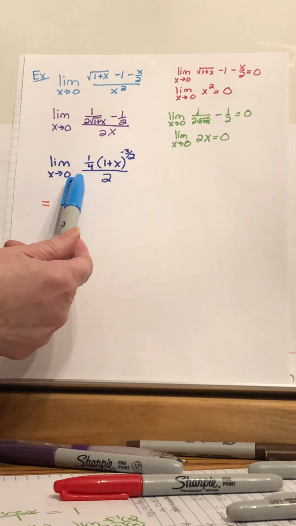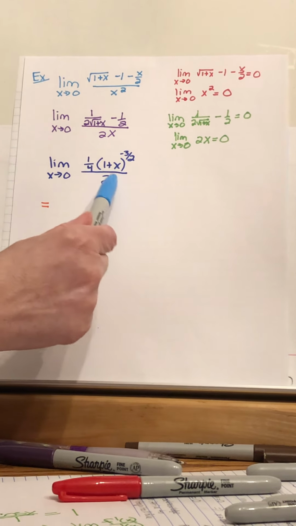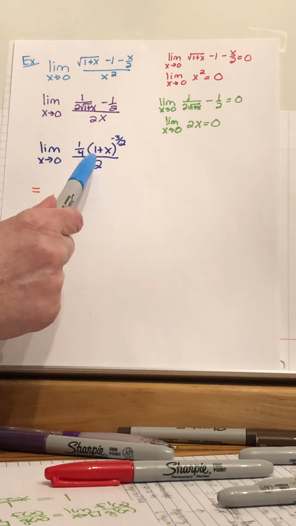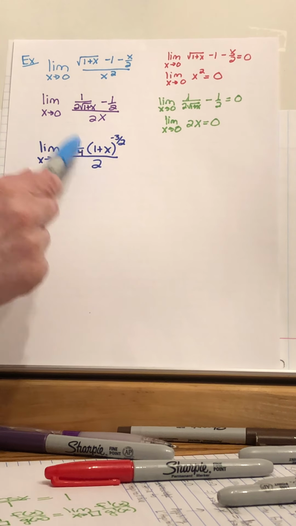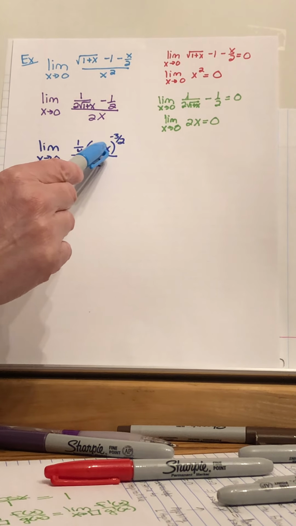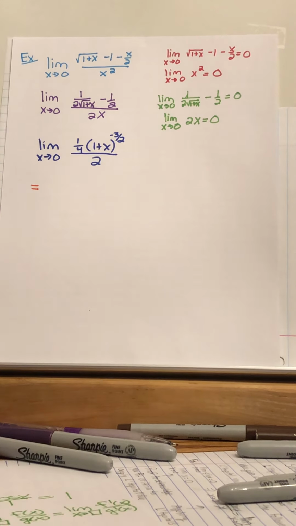So here's the derivative one more time, and I know it's going to work this time because I'm seeing a 2 in the denominator, so that's a constant. So I'm definitely not dividing by 0 or by infinity. And then the numerator, the derivative goes to a quarter times 1 plus x to the negative 3/2. And then I plug in my 0.